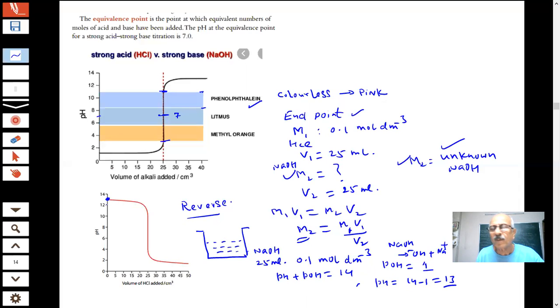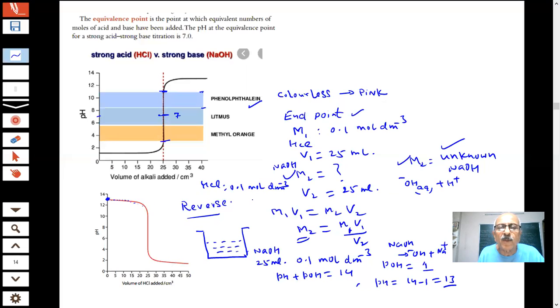This is my NaOH. Then I start adding HCl, 10 milliliter. Until the 24 milliliter, there will be a small change. You can see the small change. Because what is happening? What is the reaction? You have OH minus, H plus you are adding, it is reacting. You have HCl, 0.1 mole per decimeter cube.